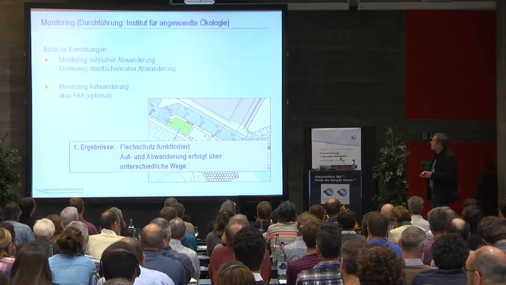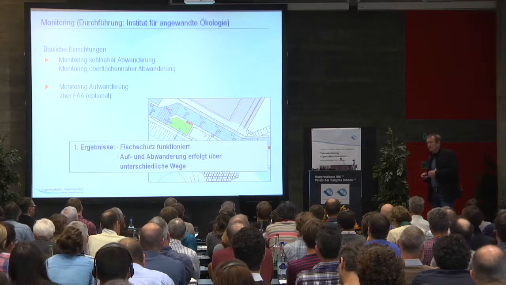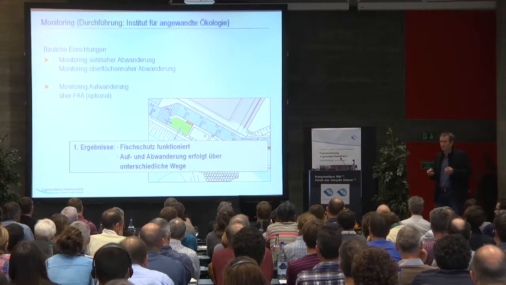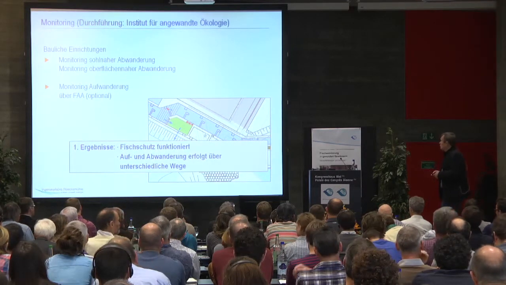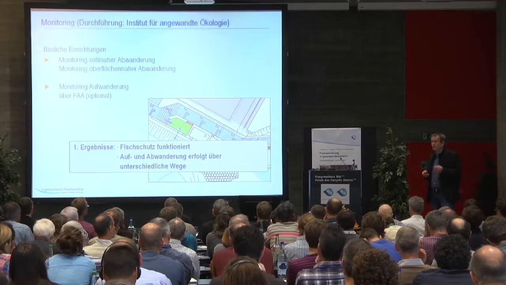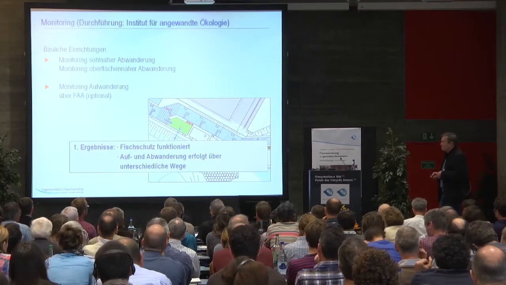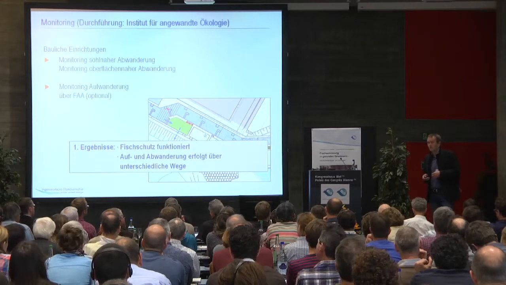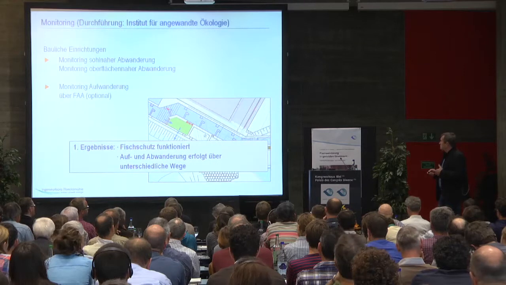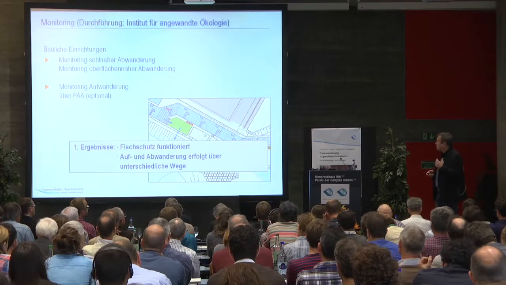What way do the fish choose? Are we really focusing on the right locations? And do they use the entries to the bypasses we are offering or not? And this examination by the Institute for Applied Hydrology is still ongoing. It's a long-term monitoring, and as far as I have seen so far, we have very interesting interim results. Not actually what we expected.